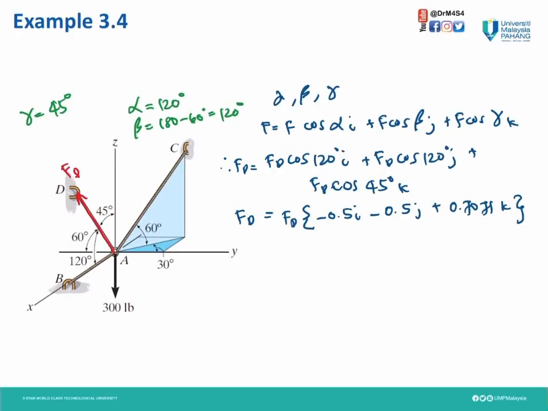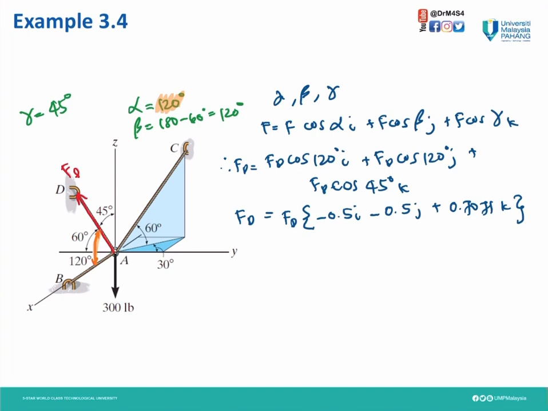Please remember, for alpha, the angle is from positive x. So here our alpha is 120 degree. Then we need to find our beta.